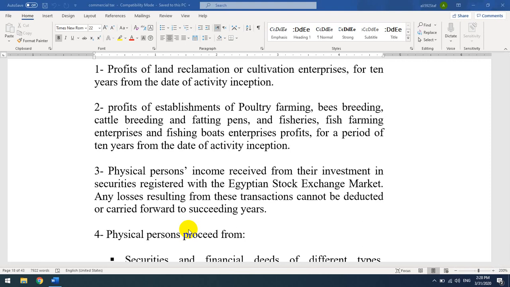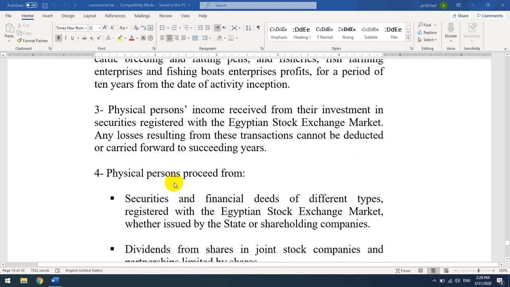These dividends or gains, capital gains or annual dividends, are exempted from the tax according to this tax law. Number 4, physical person proceeds from securities and financial deeds of different types registered by the Egyptian stock exchange market.